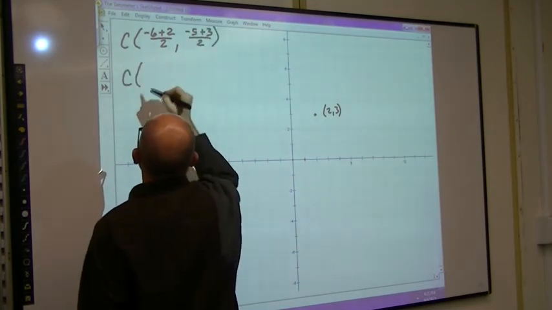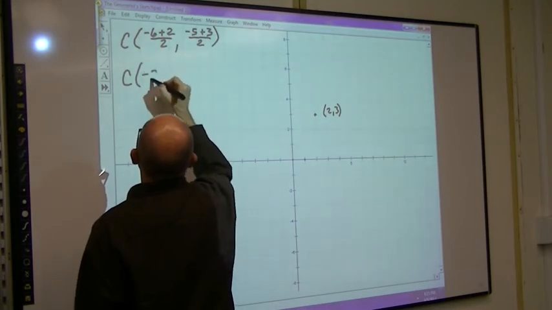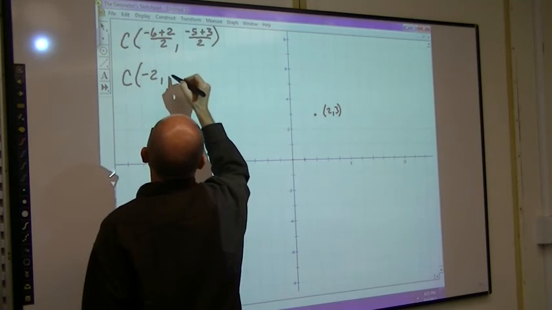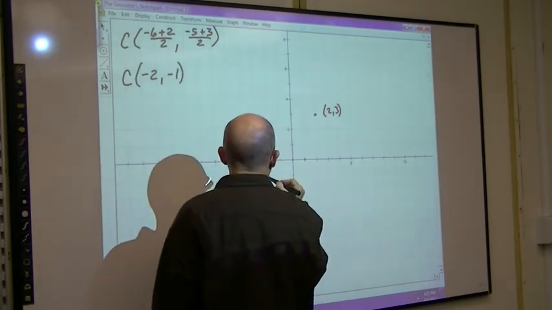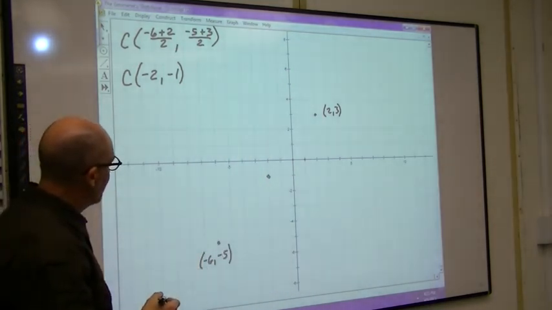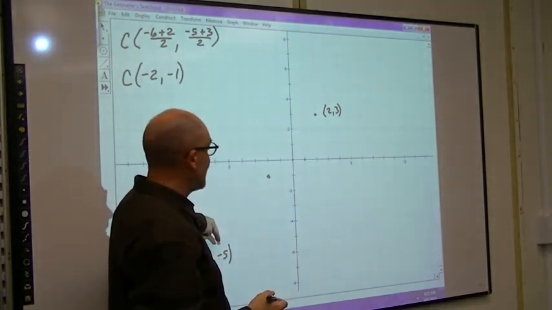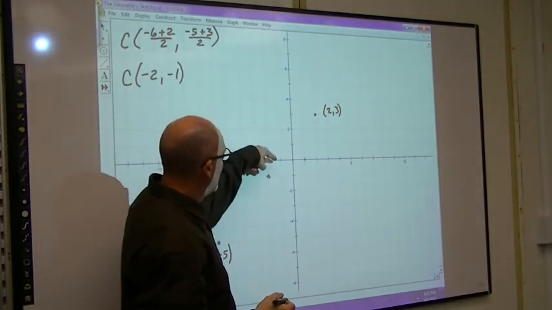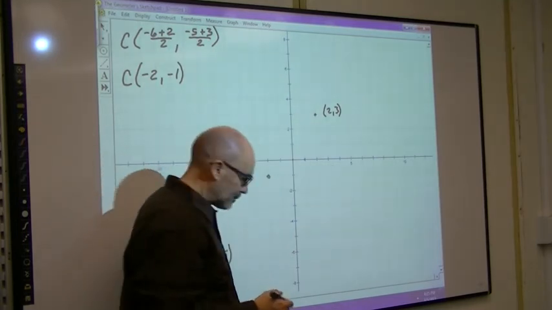So my center is going to be −4/2, which is −2, and −2/2, which is −1. So (−2, −1) looks like a reasonable center, because basically we're going 1, 2, 3, 4 spaces diagonally that way, and 1, 2, 3, 4 spaces diagonally that way.